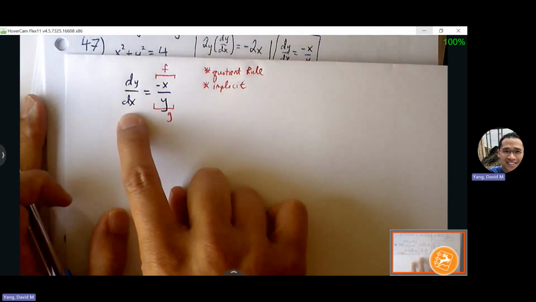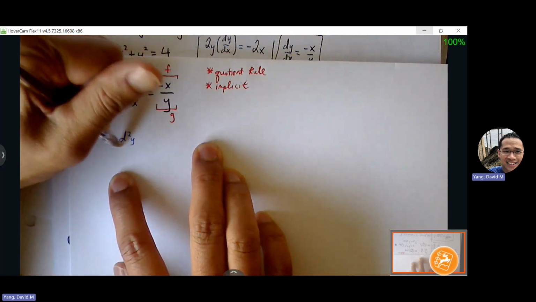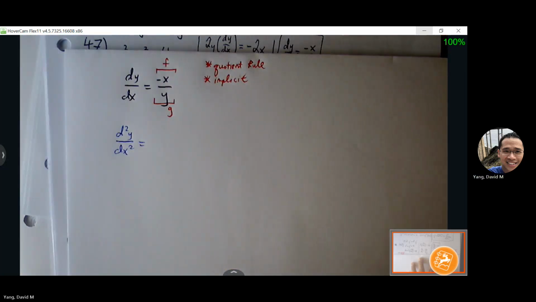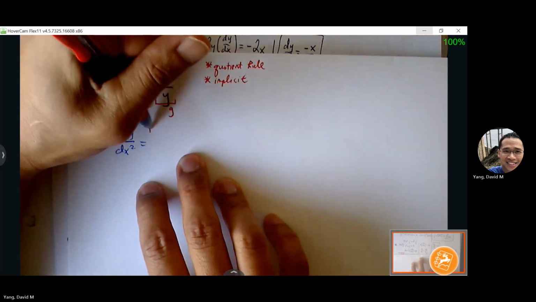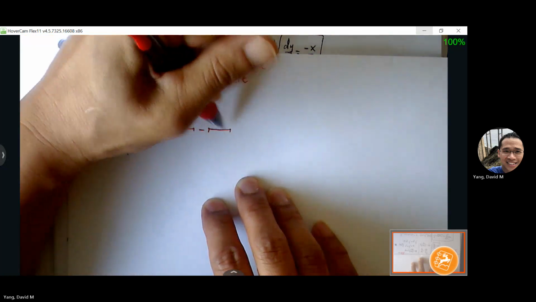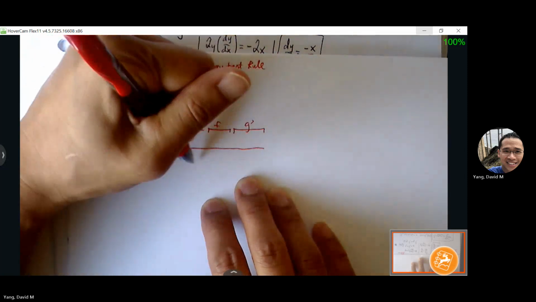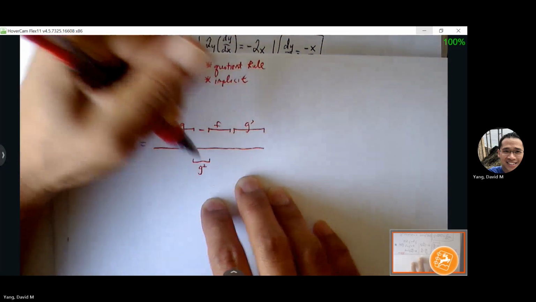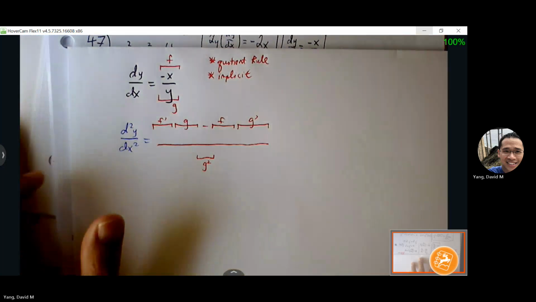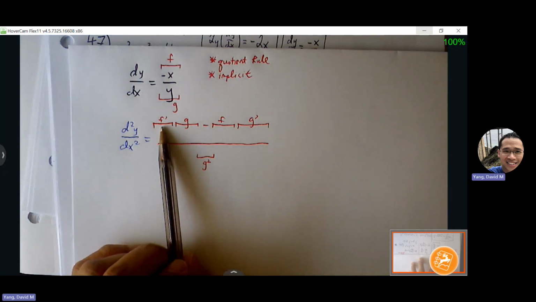The notation that we use for the second derivative is d2y over dx2. So I'm going to set up the quotient rule here. What's f prime going to be?